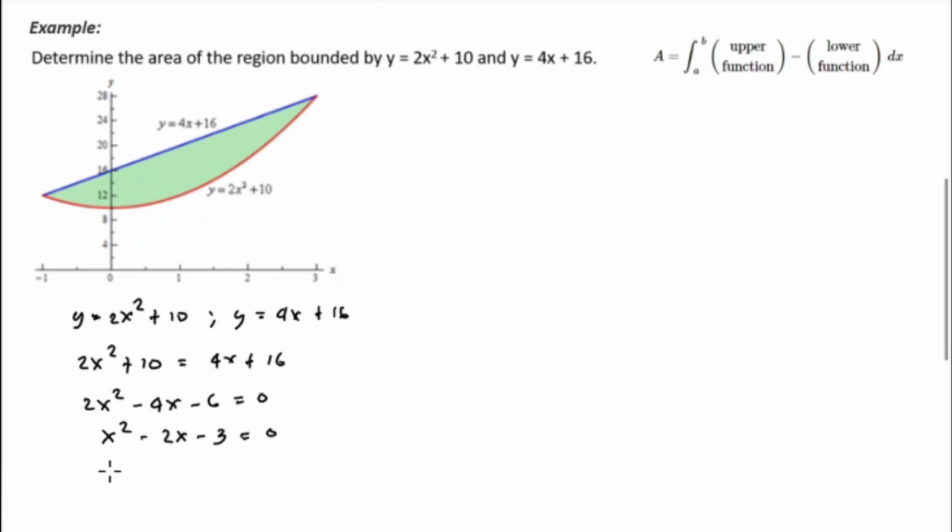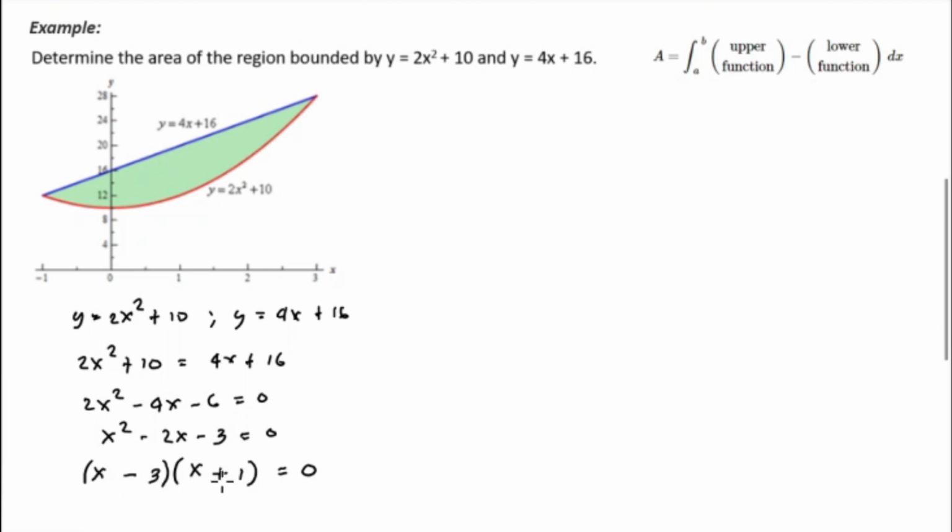And by factoring, we can find the value of x, and we have two values for x. So (x )(x ) equate that to 0. We have negative 3, so we have 3, and the factor is 1. However, we need to find the value that is equivalent to negative 2. So we have negative 3x, and the other one should be positive 1.